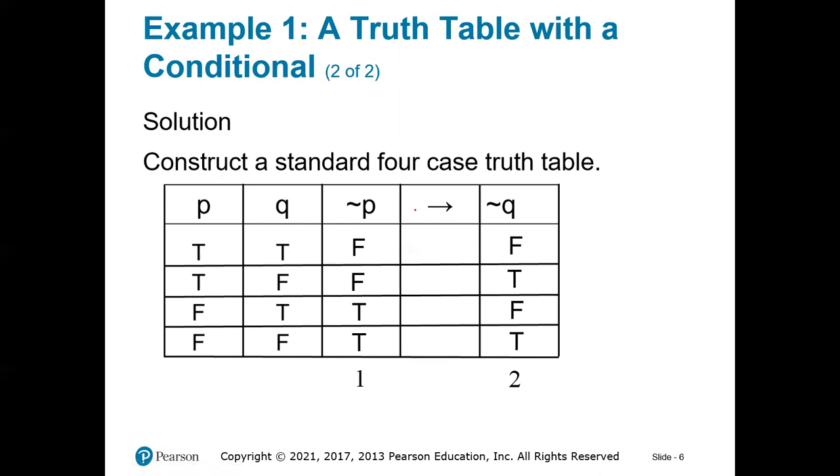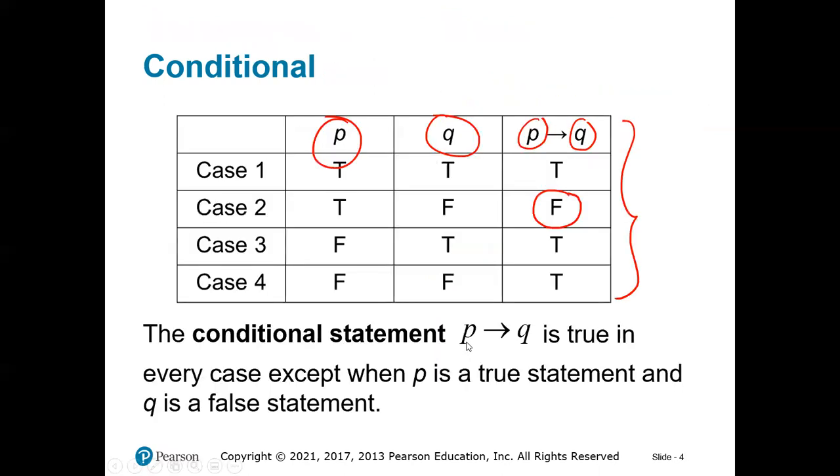Now, if you have false, arrow false, what's the whole thing? The whole thing is true. If you have false, arrow true, it's true. If you have true, arrow false, that's false. If you have true, arrow true, that's true. So how did I do this column? Well, I did this column using my basic truth table.